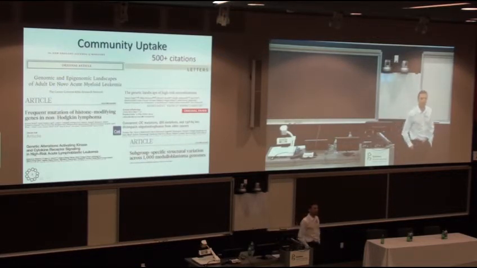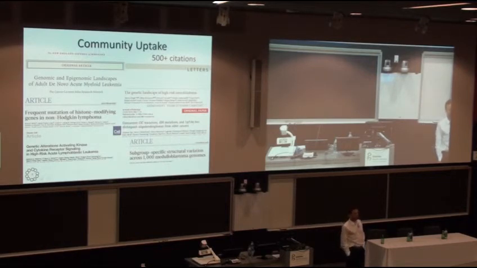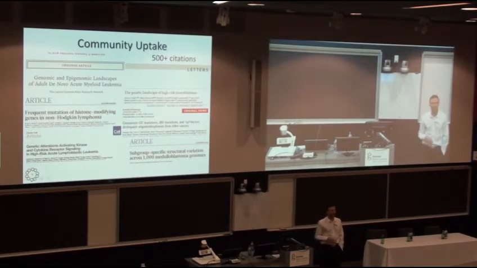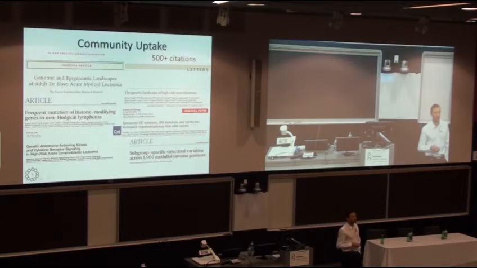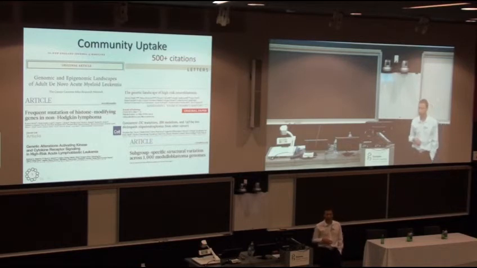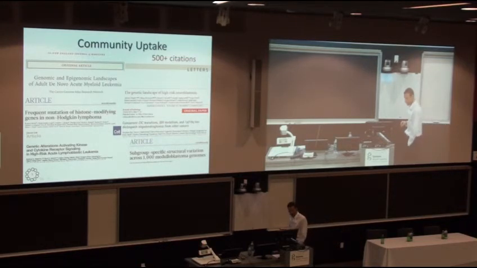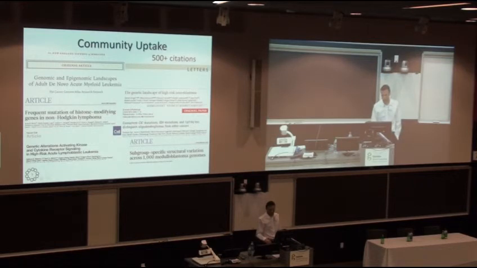There has been a good community uptake of our tools. To date, we have over 500 citations in the literature. And in the last couple of years, we have been using these tools to analyze the data from large cancer sequencing projects, including The Cancer Genome Atlas, the TCGA project of NIH, the International Cancer Genome Consortium, ICGC project, and other large-scale genomics projects.